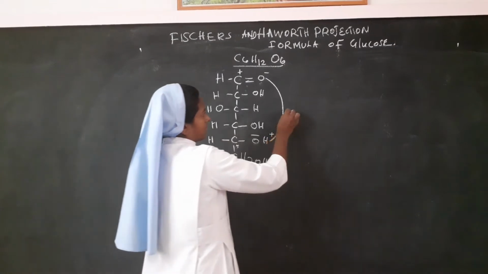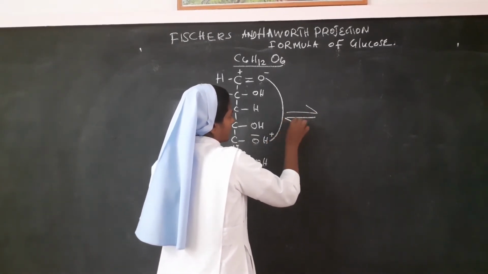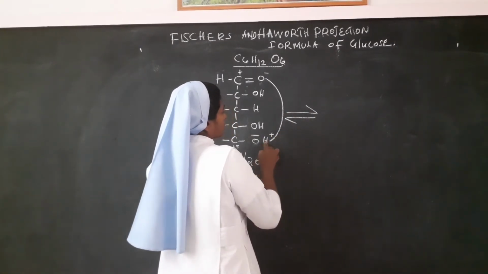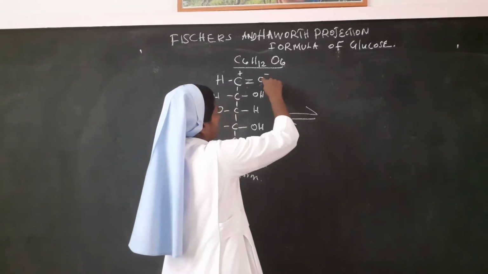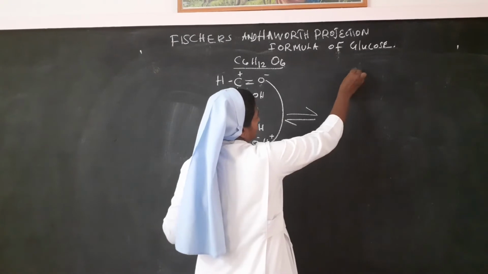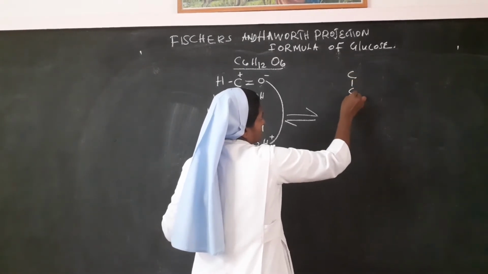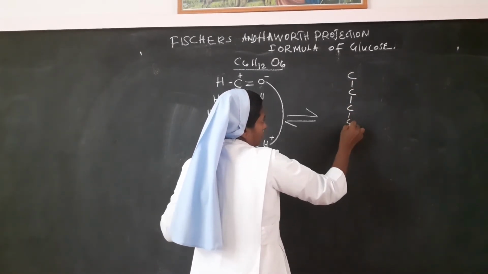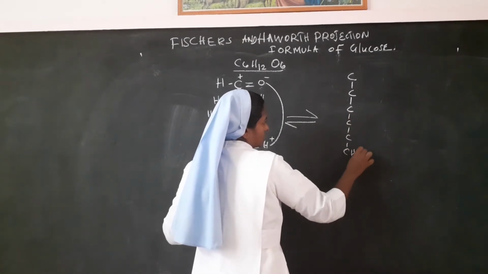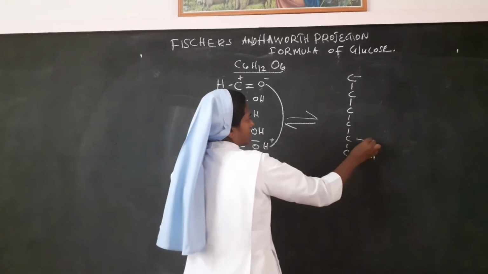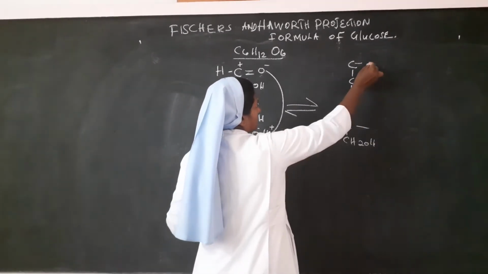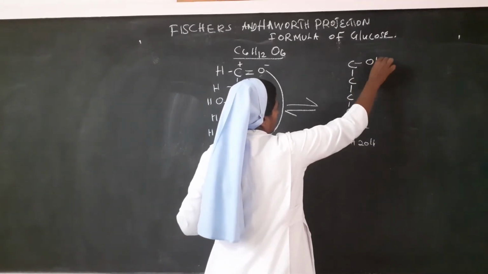So how can it be written after the interaction? It can be written with this oxygen, added with this hydrogen, on the first carbon, then 3, 4, 5, 6, the sixth one is CH2OH. Okay, and then from the fifth carbon the hydrogen is written here with the O, that is OH.